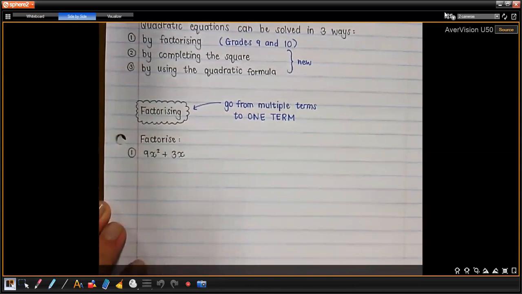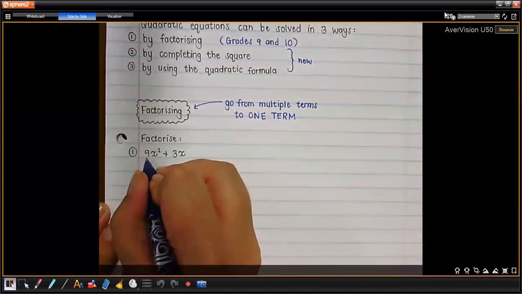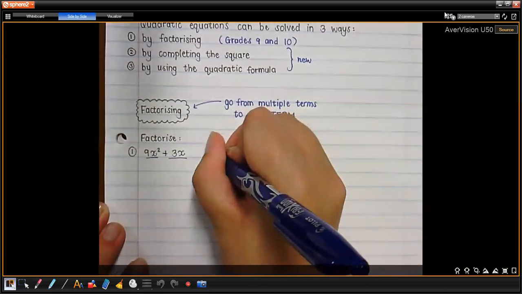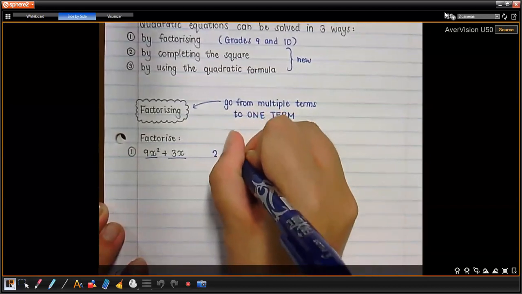So how many terms do I have? 9x squared plus 3x. Two terms, right? So we remember that pluses and minuses separate them. Okay, so 9x squared is one term and positive 3x is the next term. So we have two terms here.